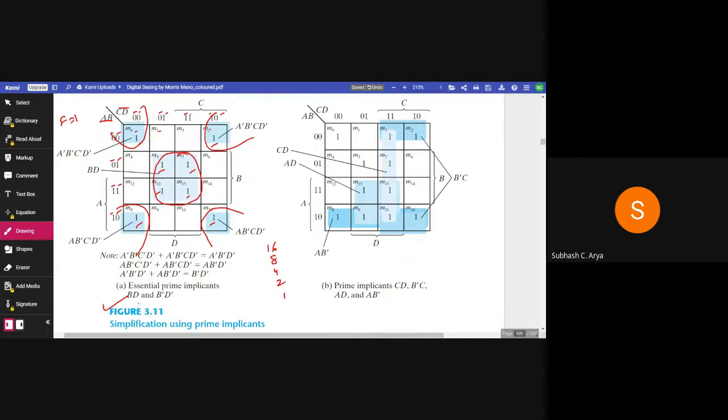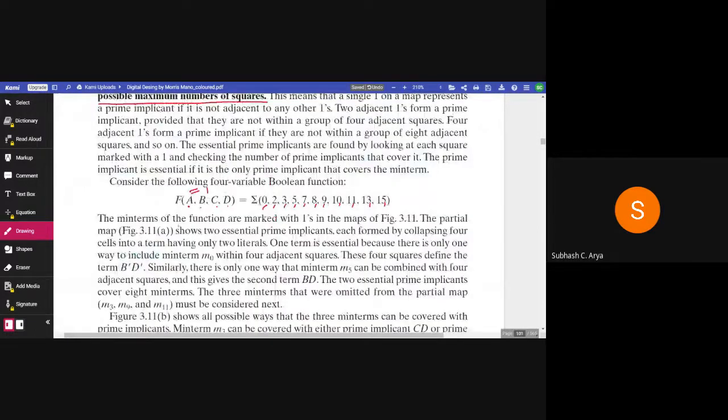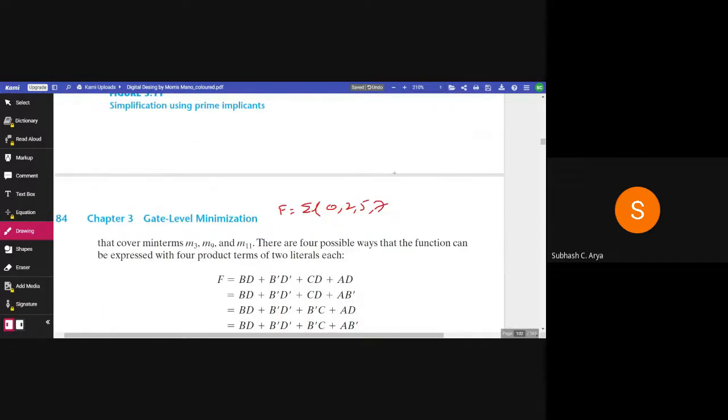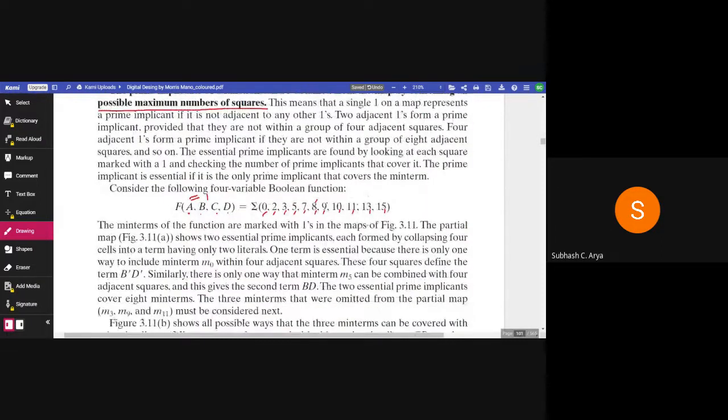So this becomes B D, B bar D bar. However, here it is a matter of essential prime implicants. Let me describe. Basically, the function written here, f is equal to summation of 0, 2, 3, 5, 7, 8, 9, 10, 11, 13, 15.